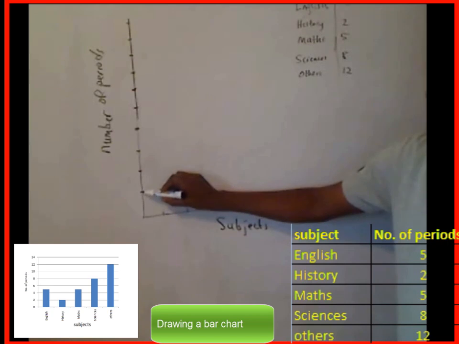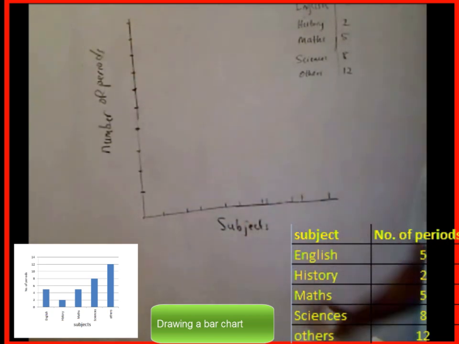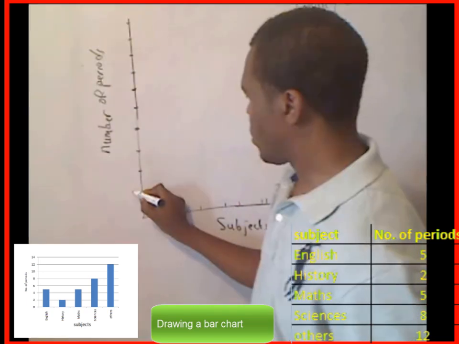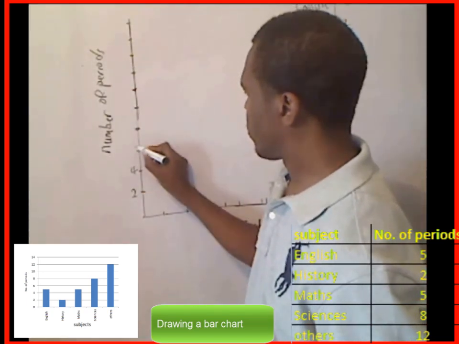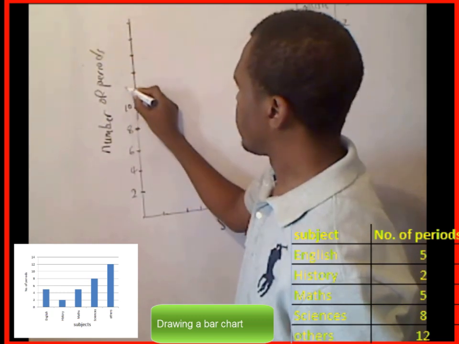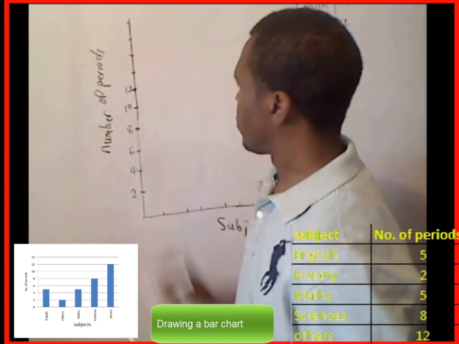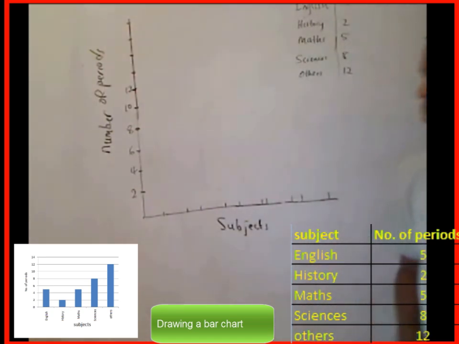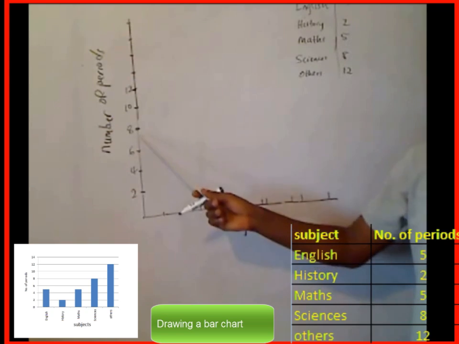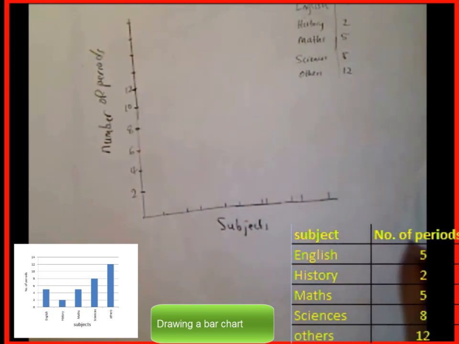So each of these gaps represents 2 units. That is 2 periods. So we'll have here 2, 4, 6, 8, 10, 12.